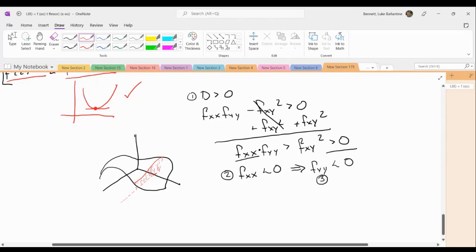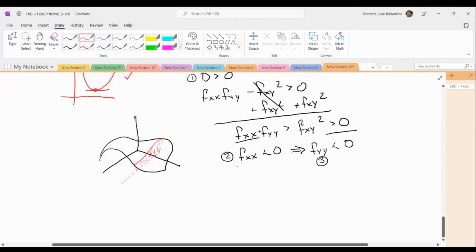This curve is a function of x, so we can take the second derivative with respect to x of it, and it's less than 0. We also know there's a point where the first derivative equals 0.